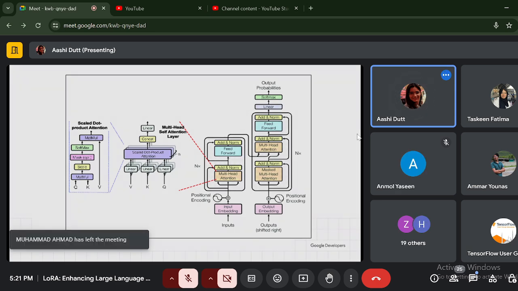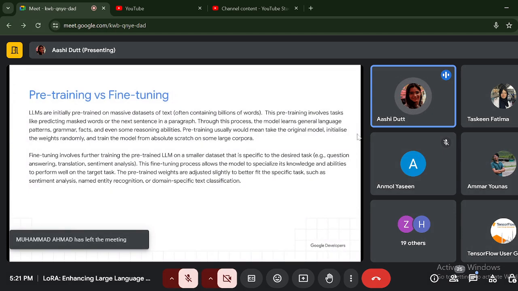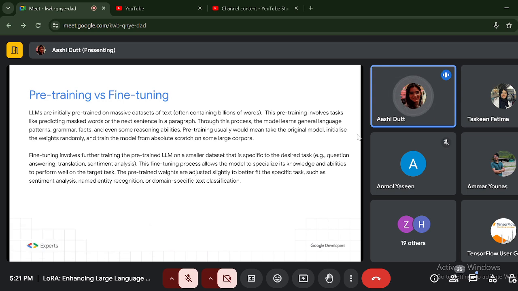Next is, once you know about transformers, you want to know about pre-training and fine-tuning. So these are two words that are used very often, and sometimes used interchangeably, but they should not be, right? Pre-training basically means that you have a bulk of data. Consider the whole internet, right?